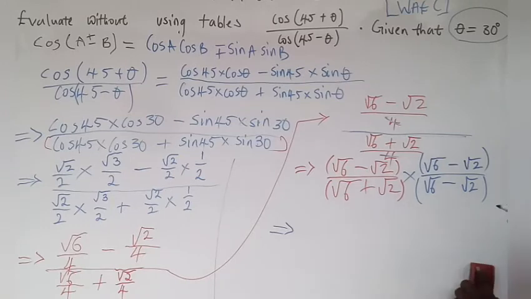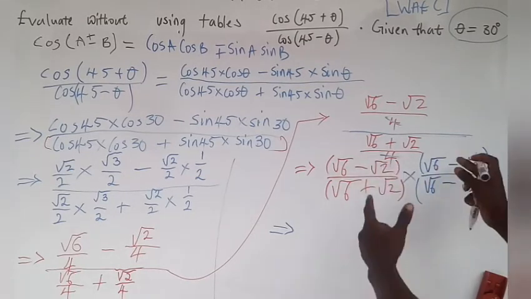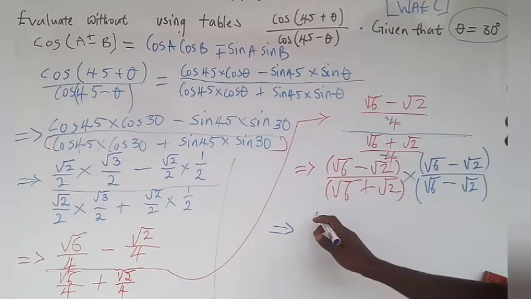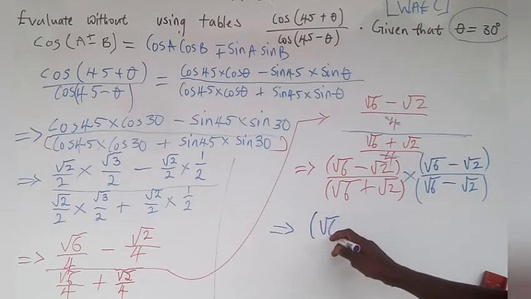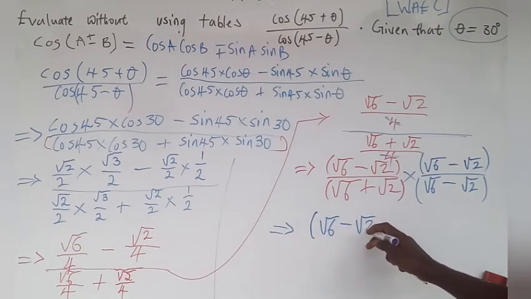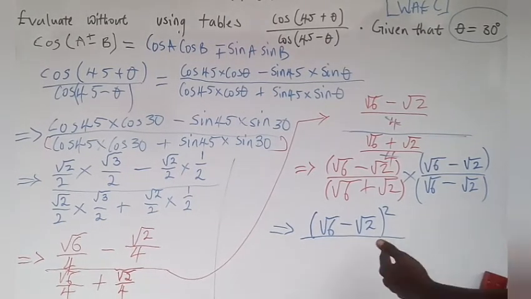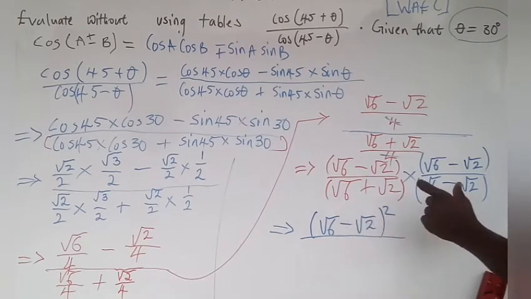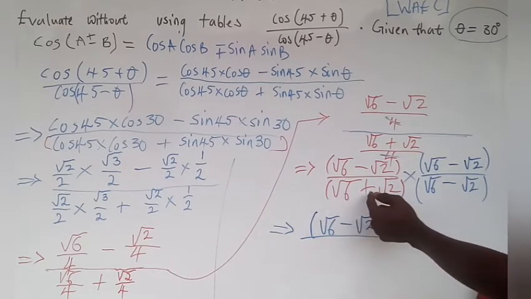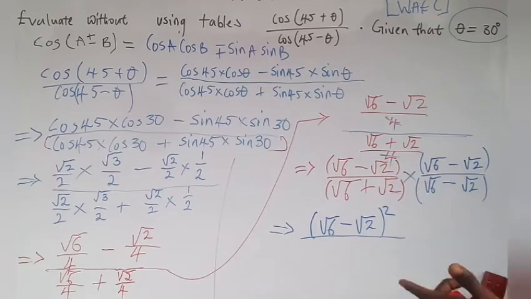Now, let's take it step by step. This is the same thing as this, so their product will produce their square. That will be root 6 minus root 2 squared divided by this and this. Now you can observe difference of two squares here, this plus and this minus. So we just go about with it.